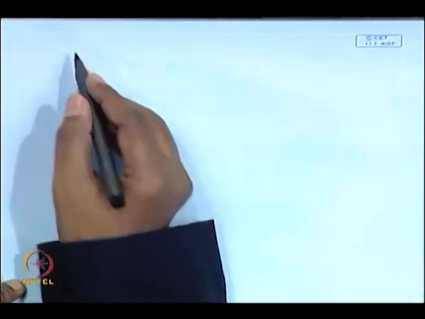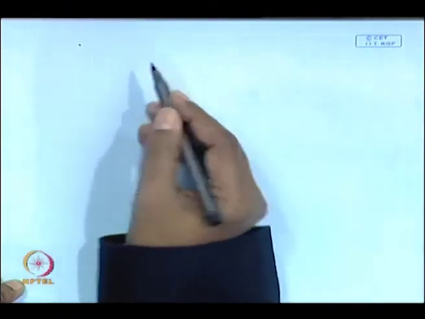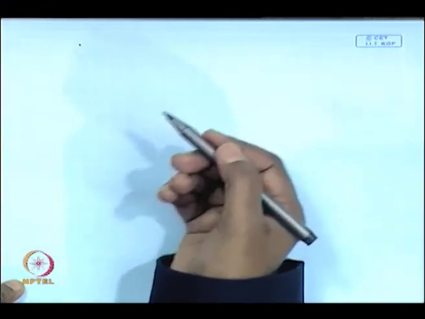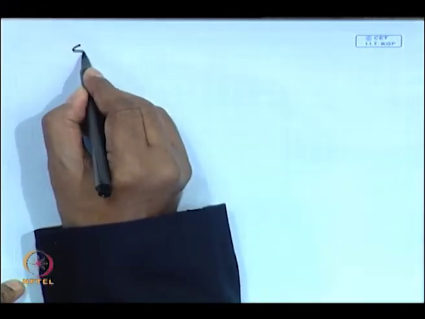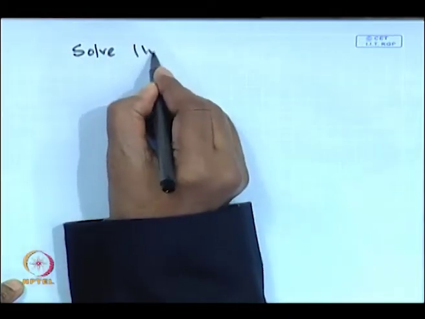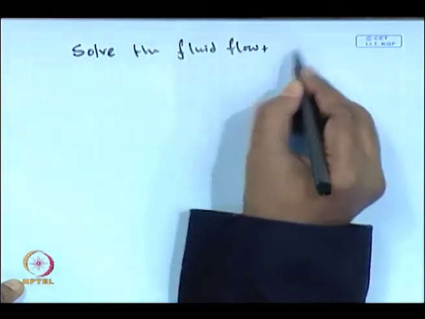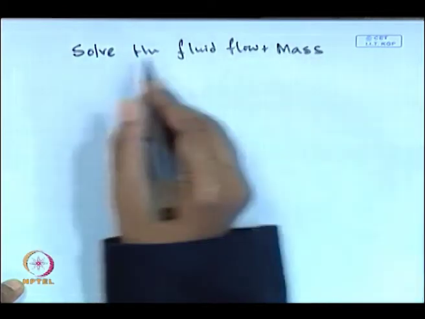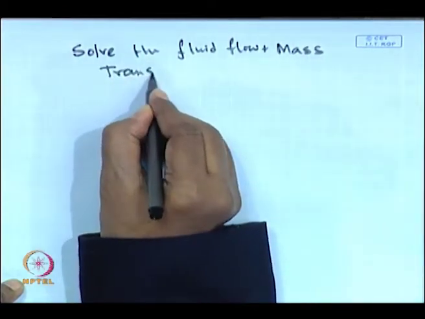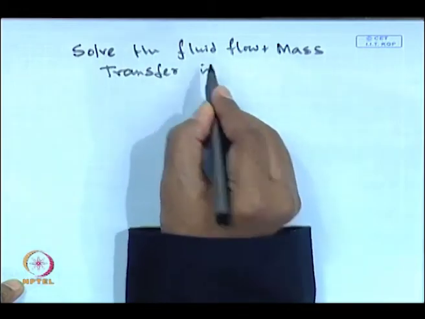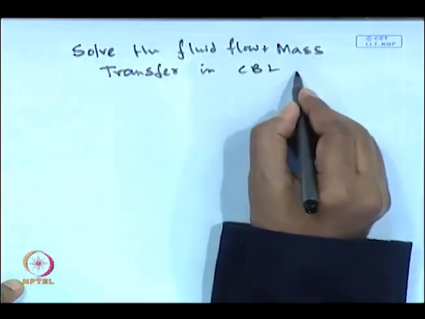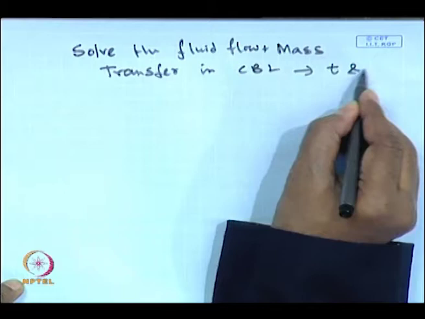So let us write down the problem again. For the modeling, the problem remains the same. We have to solve the fluid flow plus mass transfer in the concentration boundary layer, which will be a function of time and y.